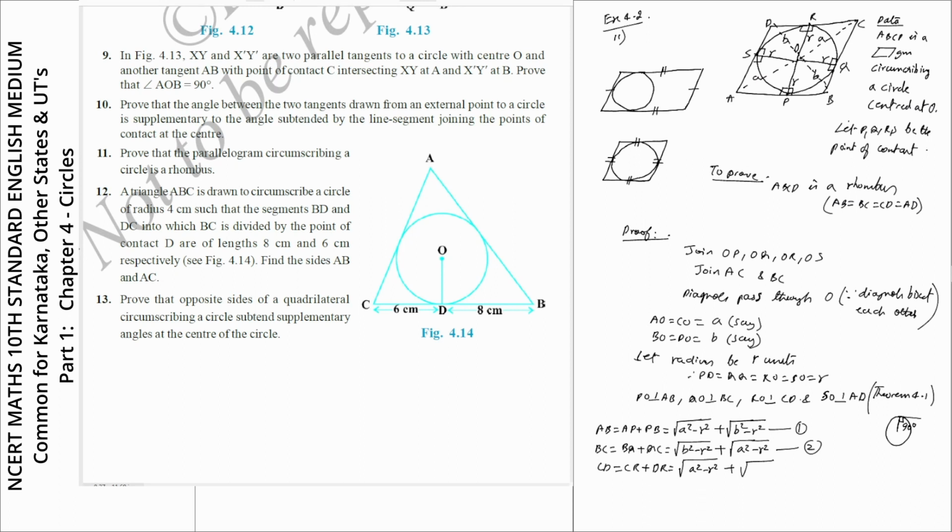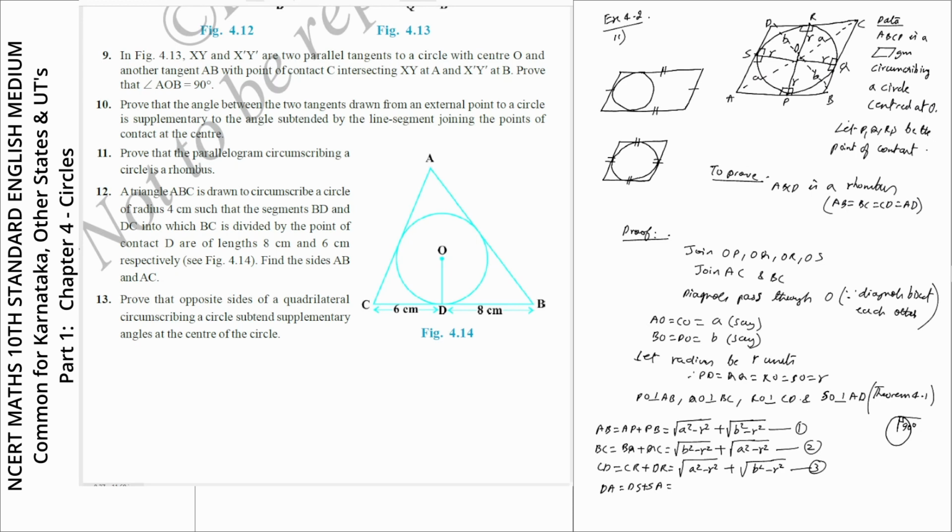DR square is DO square minus RO square. So square root of B square minus R square. I'll mark this as equation 3. And what is the length of DA? DA is equal to DS plus SA.